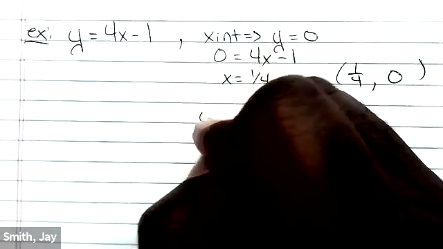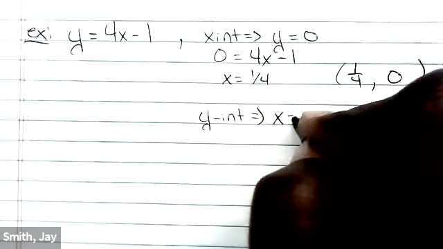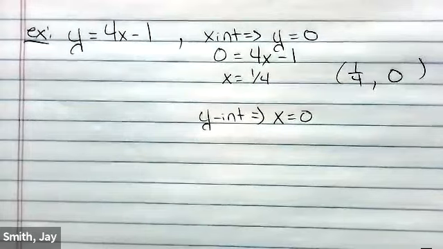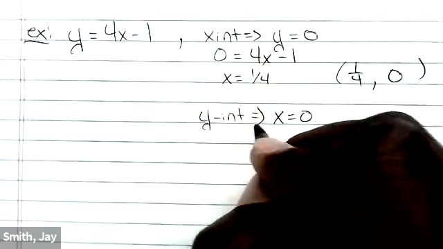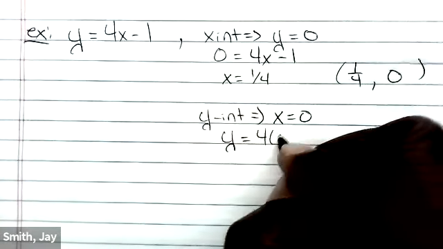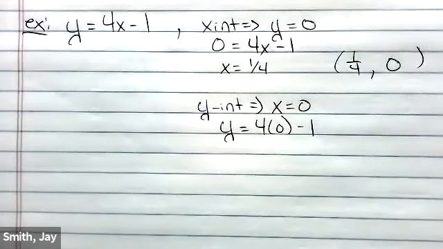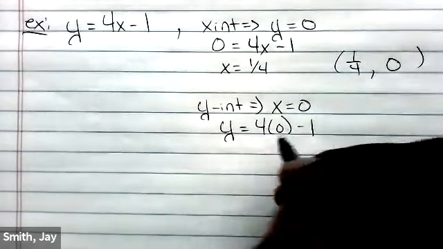Next thing we're going to find is my y-intercept, which implies that my x is equal to 0. For this equation, we have y is equal to 4 times 0 minus 1, just simply replacing all the x's that I see with 0, so y is equal to -1.